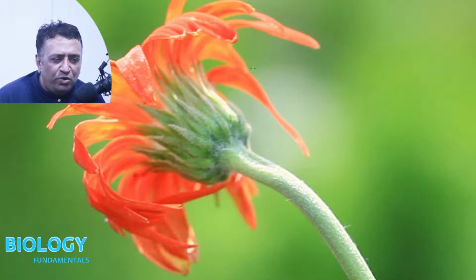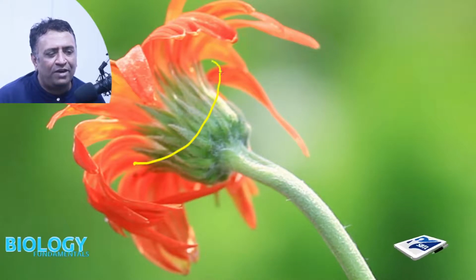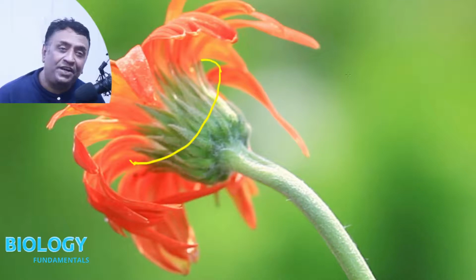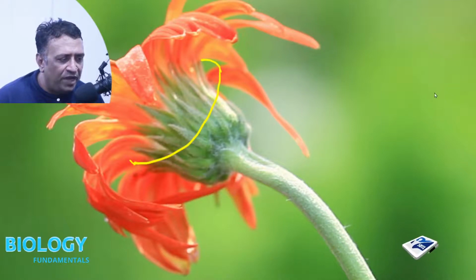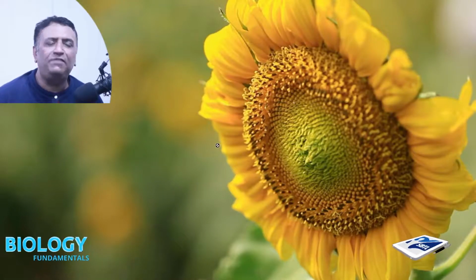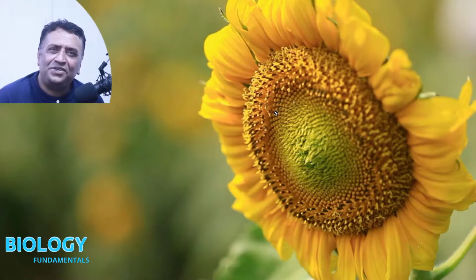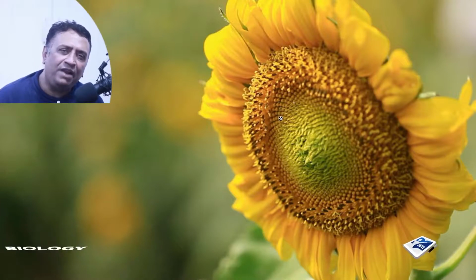This structure is not a flower. It is a group of many flowers. Let's take one more example that we are much familiar with, and this one is sunflower, Helianthus. Heli means sun and anth is flower.